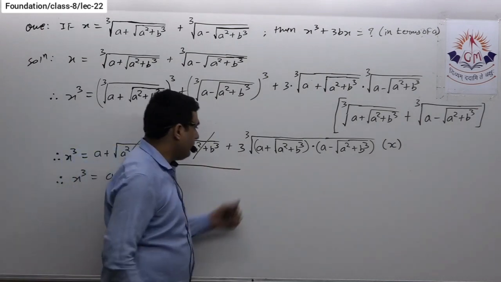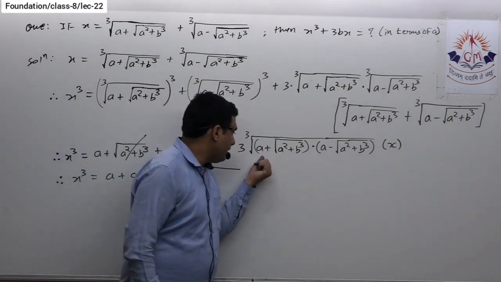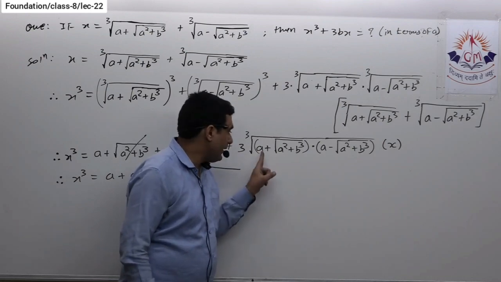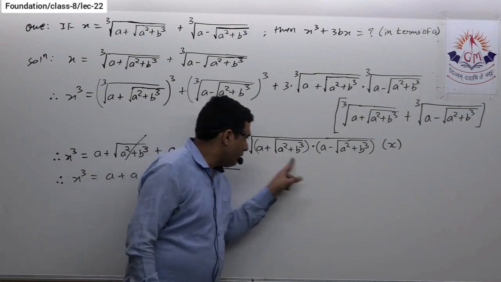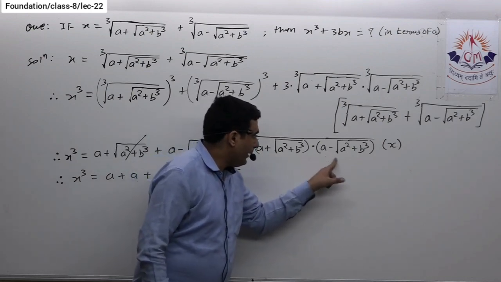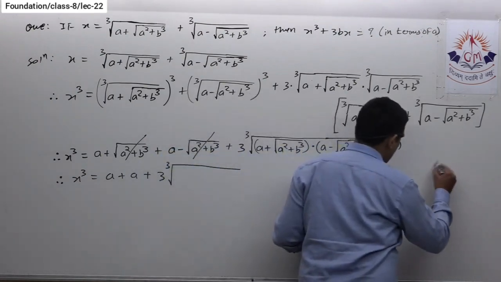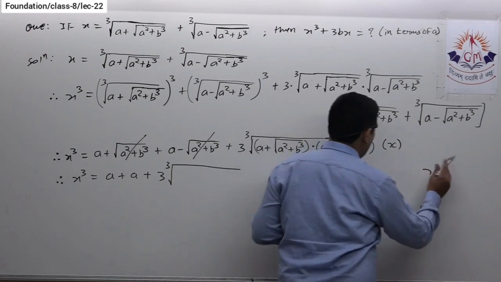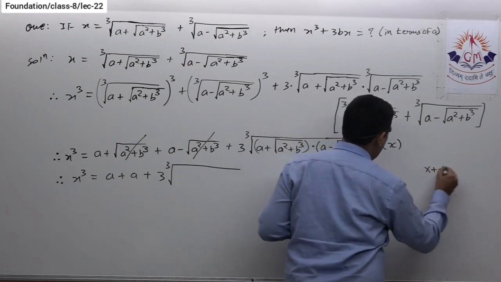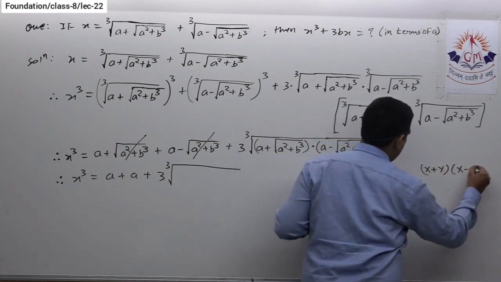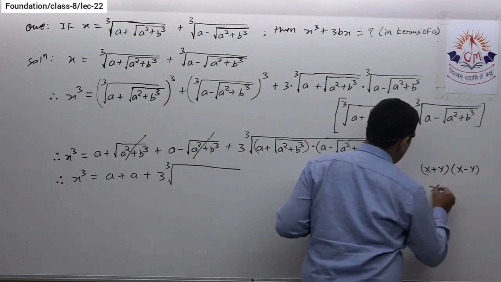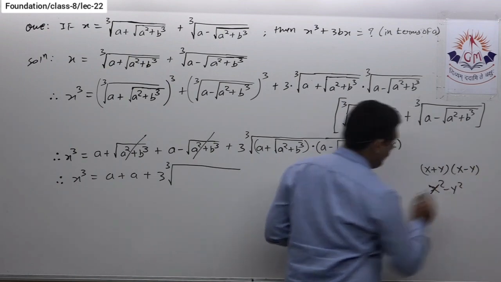Now over here, if we observe carefully, this is x plus y, this is x minus y, and we know that x plus y into x minus y is going to give you an identity that is x square minus y square.